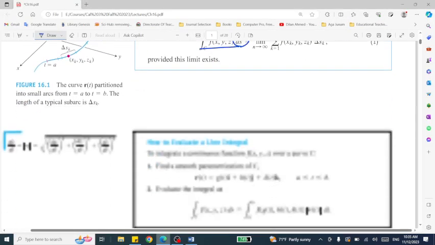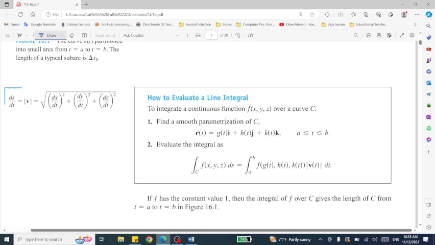Okay. We are going to talk about something here. Look at this, how to evaluate a line integral. It's very important, this guidance. So we'll give you the steps. For example, find a smooth parameterization of the curve. So we need to find C. C is what? C is the curve.